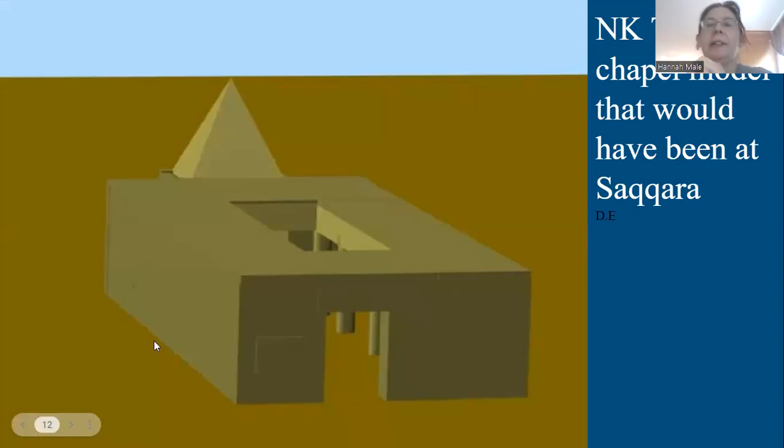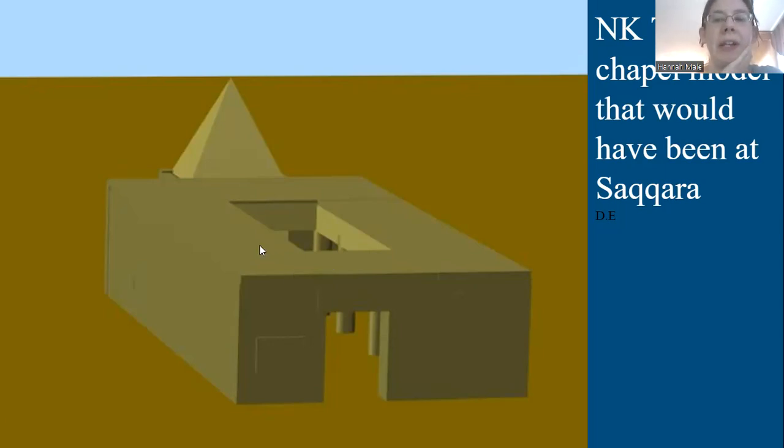So as I said, while it was mostly used as a royal burial ground during the Old Kingdom, during the New Kingdom, you find non-royal burials there as well, and that includes the tomb chapel. So this is a model from a site called Digital Egypt for Universities.